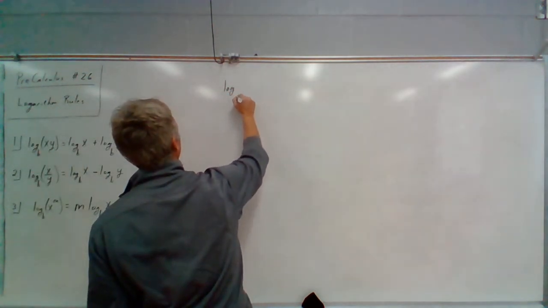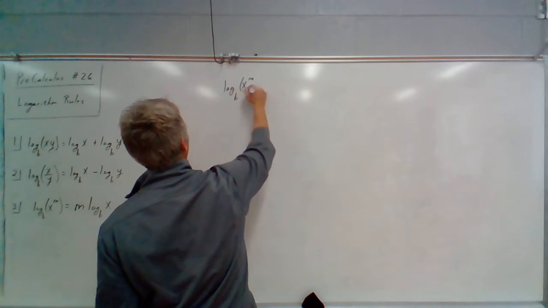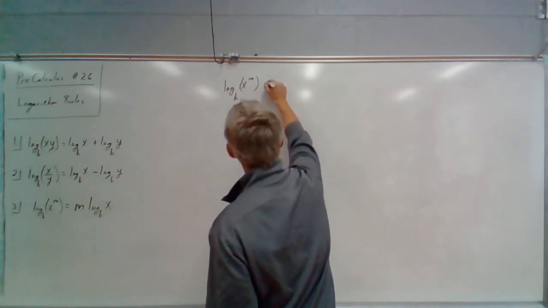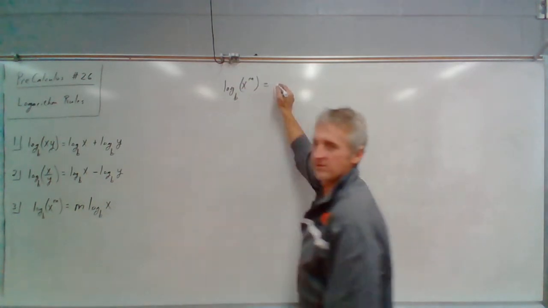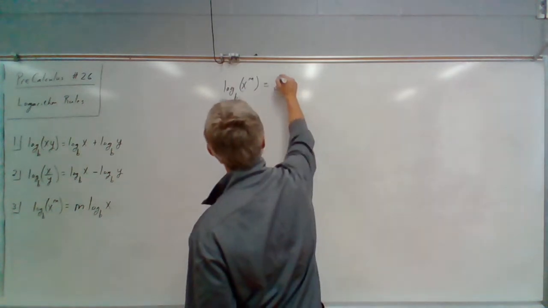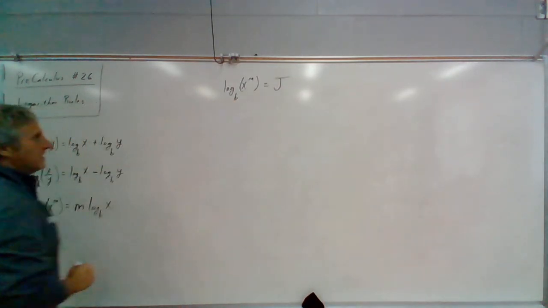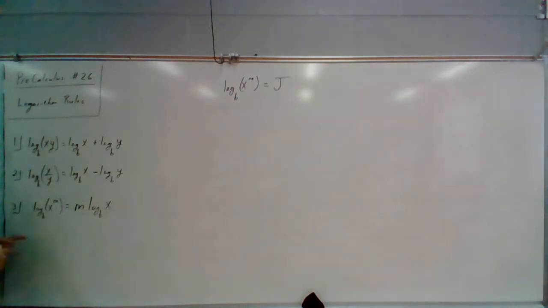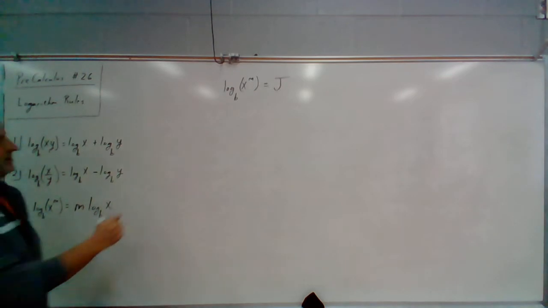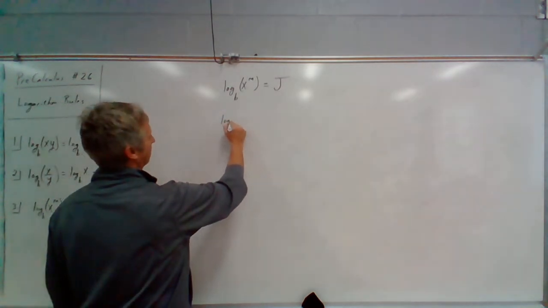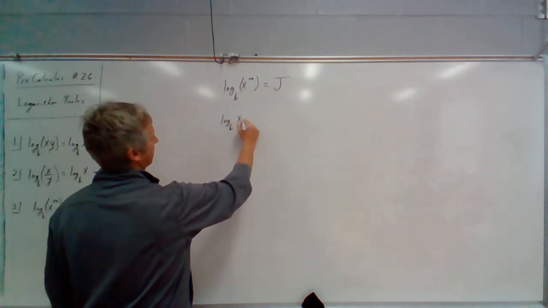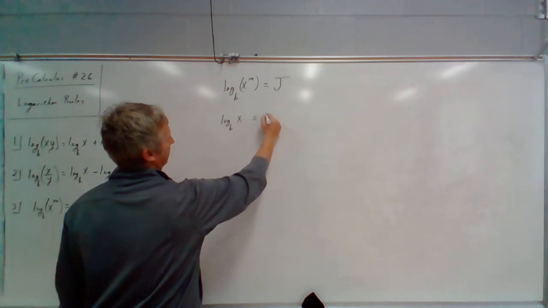Let's call it j again. Doesn't matter. And the next thing I'm going to do is give log base b of x a name. So I'm going to kind of ignore the m, and I'm going to say that log base b of x equals, let's call that r.